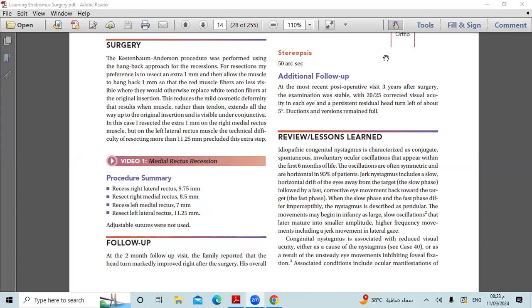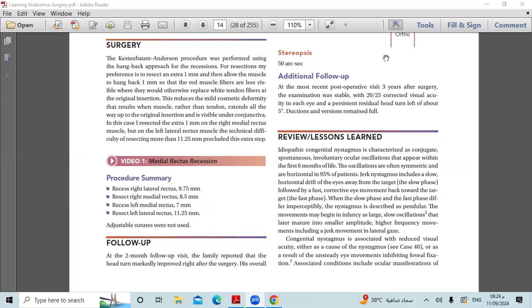The second question: do you think most congenital motor nystagmus patients will have neurological symptoms in the central nervous system, or sometimes an ocular manifestation like retinal dystrophy or cataract? I think it's not common.